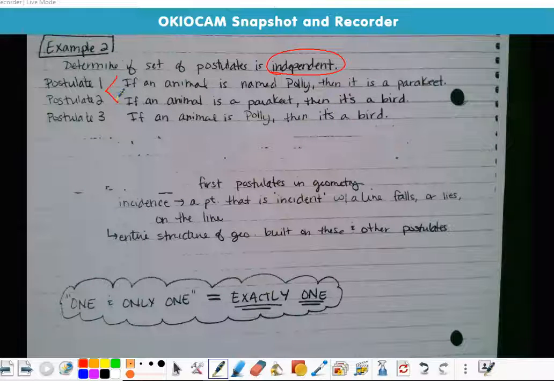So if that's the case, it's not independent, because postulate 3 is not necessary. We already had that conclusion. It's just the logical conclusion of postulates 1 and 2. So 3 is not necessary. So this is not independent.